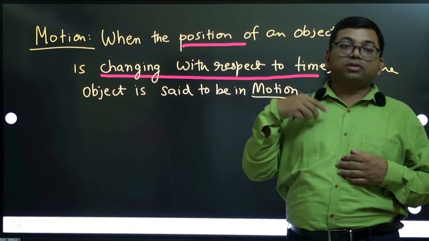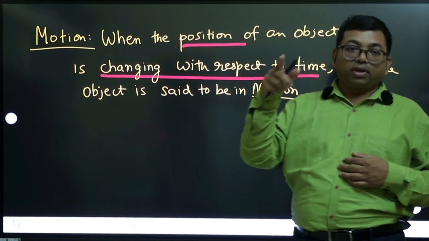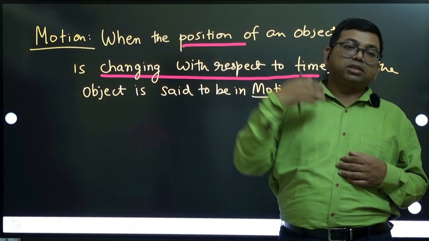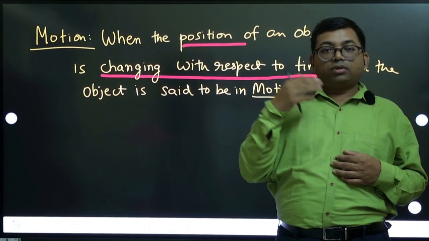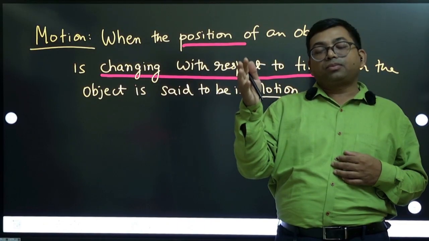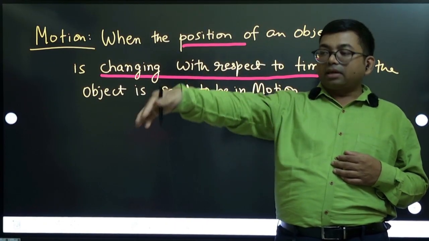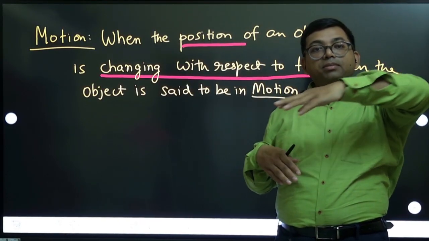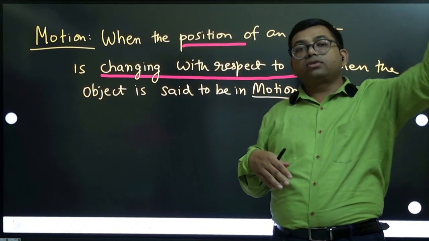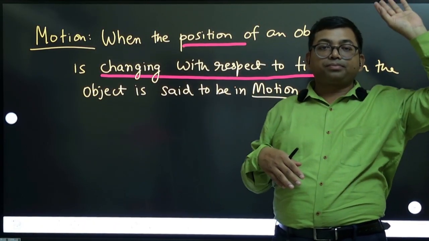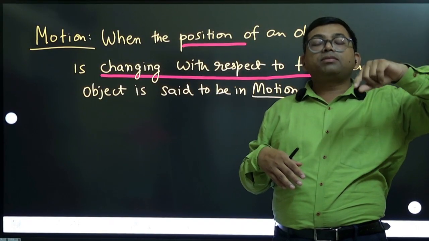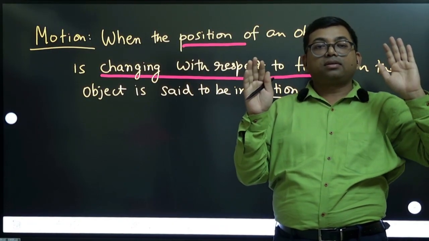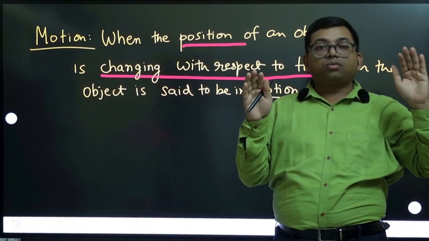For example, if I see a car moving, then I will say that the position of the car is changing with respect to me. The car was here, then the car was there, then the car has gone. So I will say the car is in motion. But if there is a man sitting inside the car, he will not see the car moving.